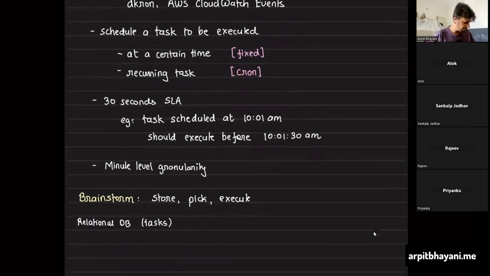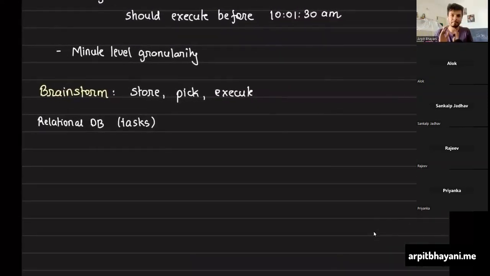Okay, so we'll start with brainstorming. The key thing is, we'll brainstorm on phases. If you think about a distributed task scheduler, it implies that someone schedules a task to be executed, giving you all the necessary details for it to execute, for example, the exact shell command that you need to run. Simple.